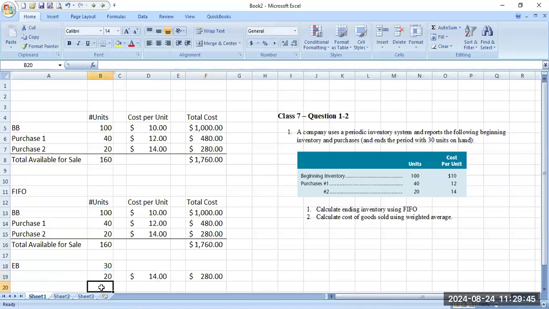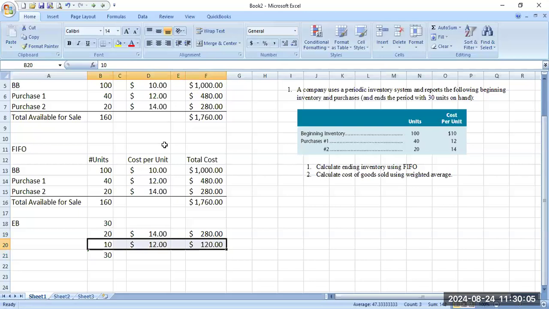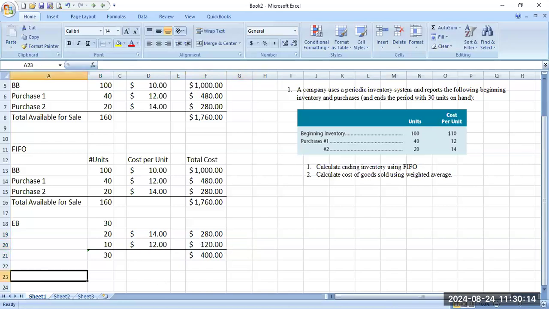Also, we have another 10 units from the second last purchase, which was at $12, and that cost is $120. So our ending balance is 30 units available at a total cost of $400.